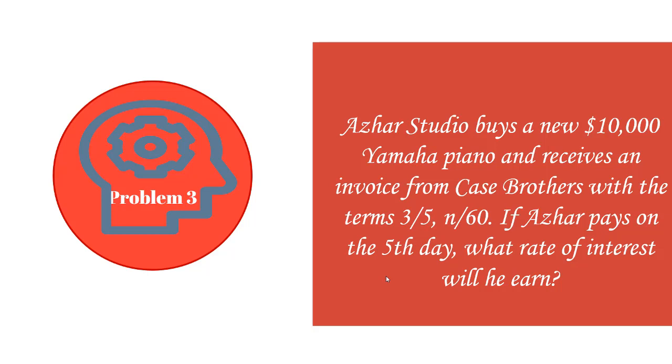Another example. Azhar Studio buys a new Yamaha piano for $10,000 and receives an invoice from Kaz Brothers with terms of 3/5, n/60. If Azhar pays on the 5th day, what rate of interest will he earn?